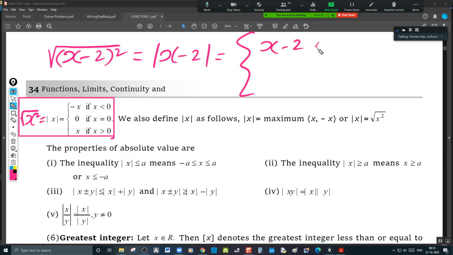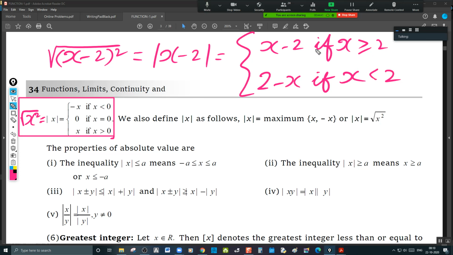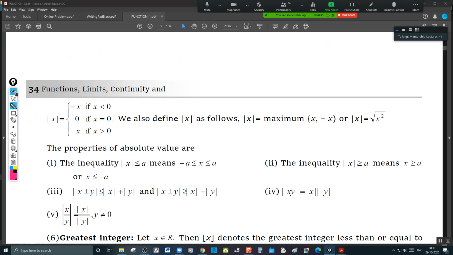Becomes x minus 2 if x is greater than or equal to 2. Becomes 2 minus x if x is less than 2. This you must remember, please. Absolute value of the function. Very, very important, please. Next one.